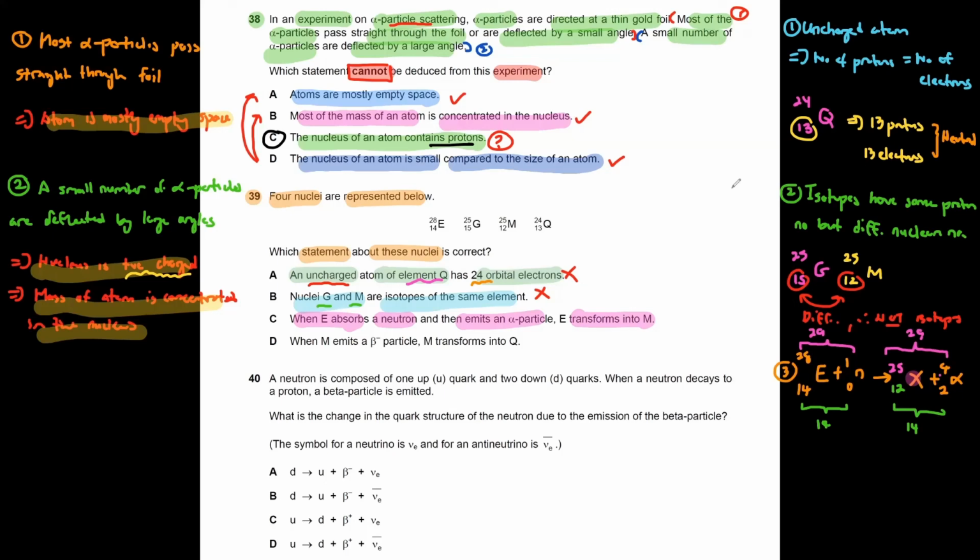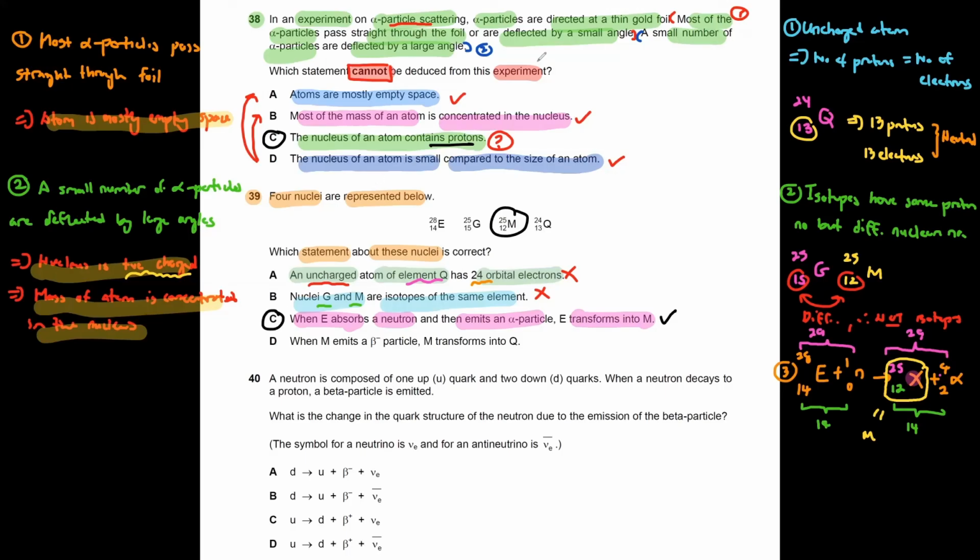So this element X has a nucleon number of 25 and proton number of 12. Is this element M? Yes, this is the same as element M, because you can see right over here, it has nucleon number of 25 and proton number of 12. So the correct answer here should have been C. C would be the correct answer here.